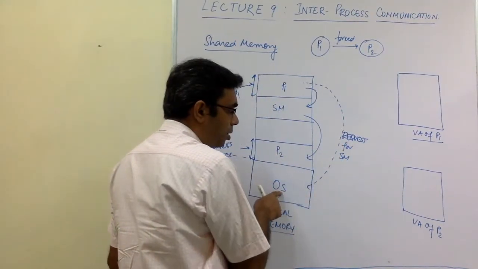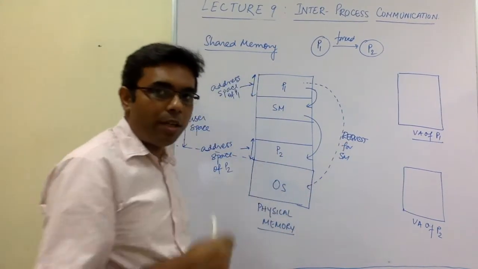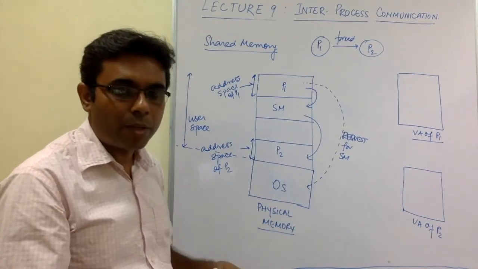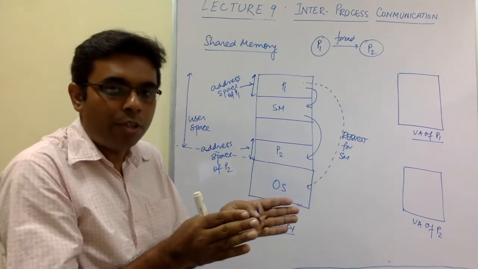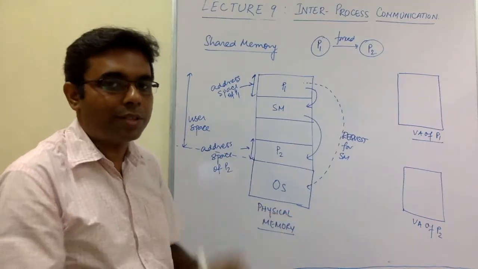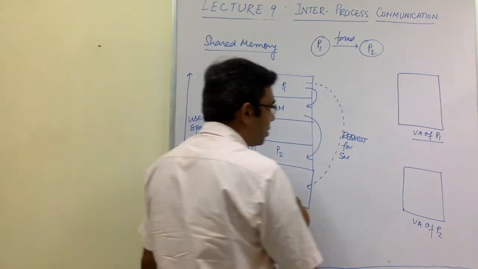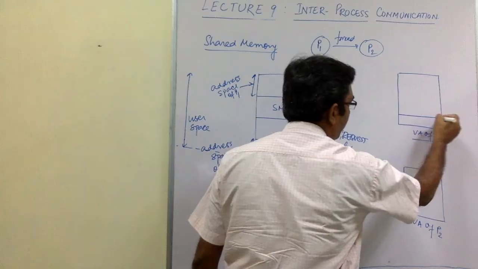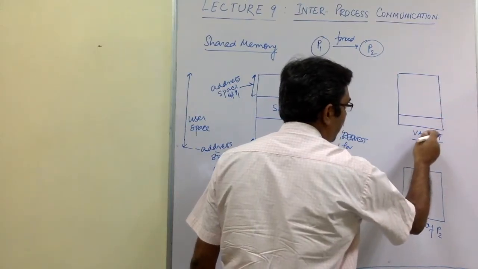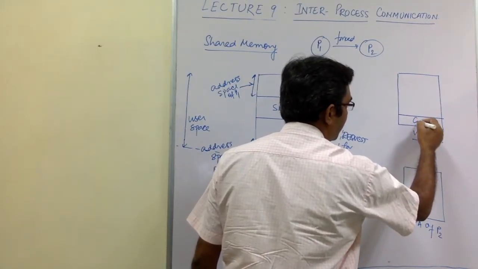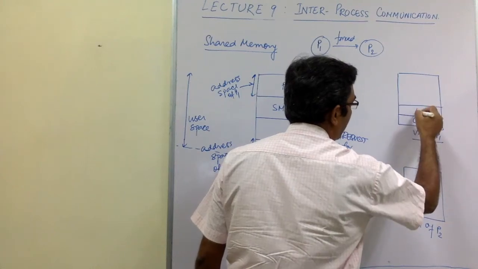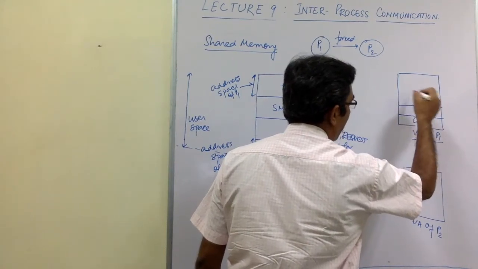So it's a request for the shared memory. The OS grants that request and provides a certain range of addresses to be treated as shared memory. And what happens is, you already have seen that the virtual address space of P1 consists of the code segment, the data segment, the stack and the heap.